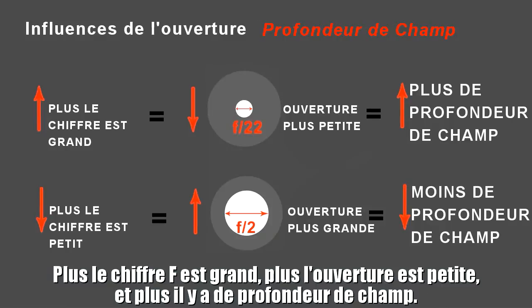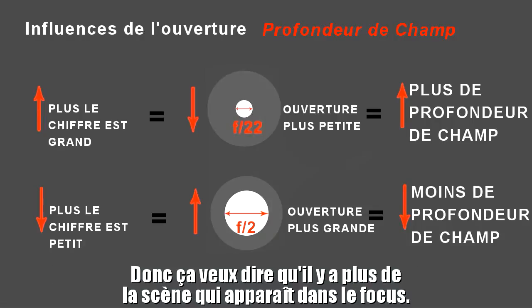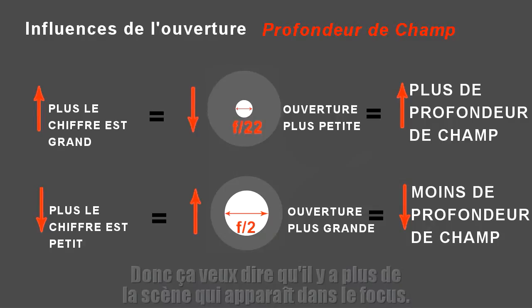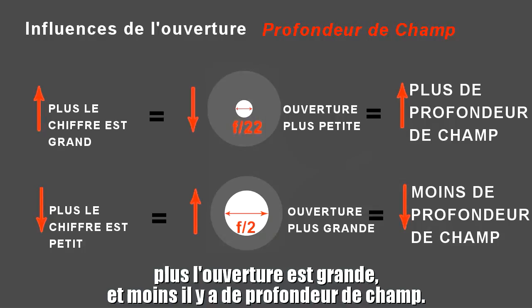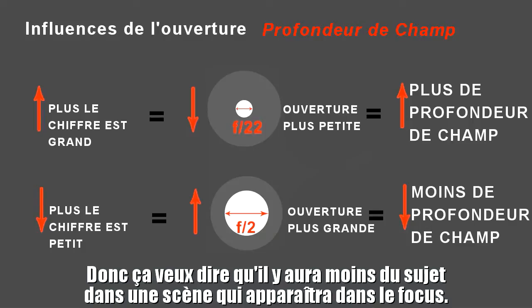The bigger the f-number, the smaller the opening and more depth of field. So it means more of the scene appears in focus. And the smaller the f-number, the bigger the opening and the less depth of field. So it means that less of the subject or the scene appears in focus.